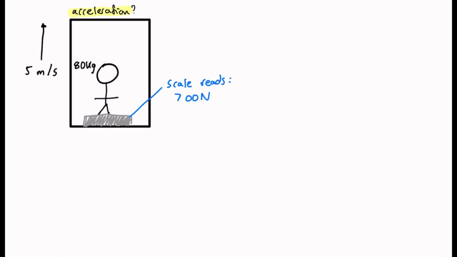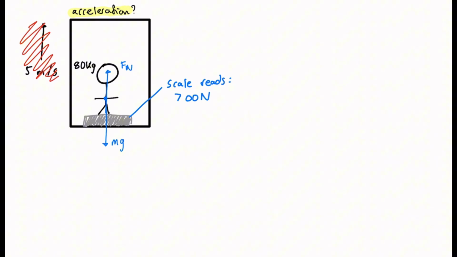In this problem, we're asked to find the acceleration, and we're given the mass, scale reading, and a velocity. Again, velocity is not relevant, so we'll scribble it out. The first thing we'll do is draw our free body diagram. We have mg downwards, and Fn from the scale. Since we don't know which direction acceleration is in, we can use our important tips to help us find it.